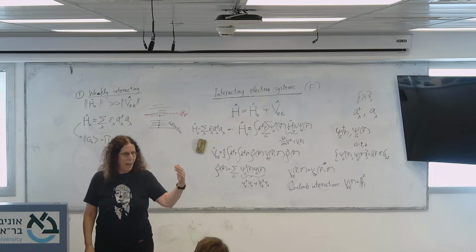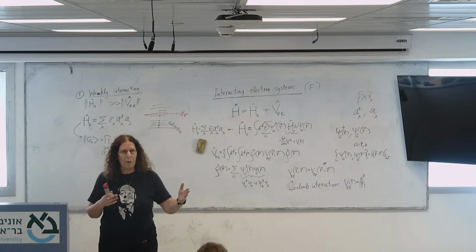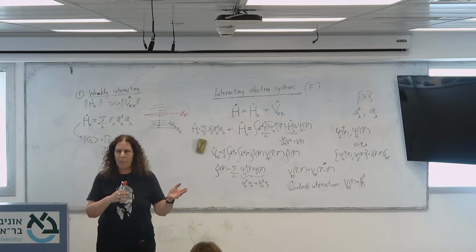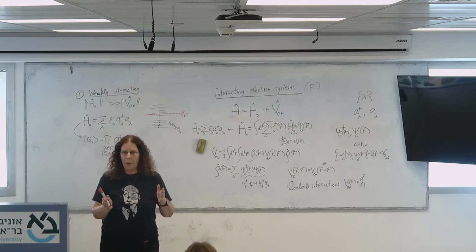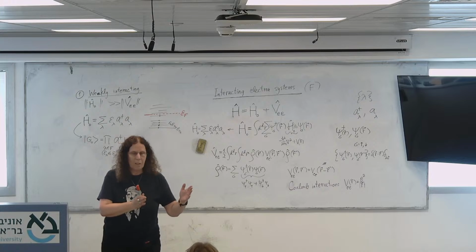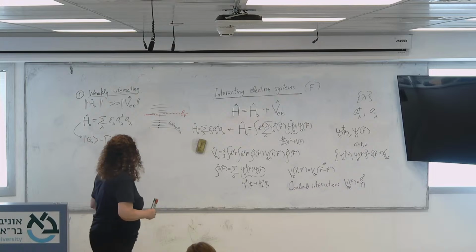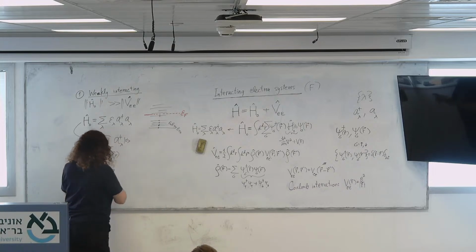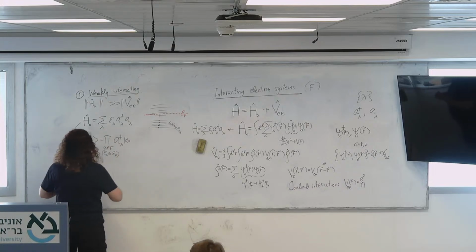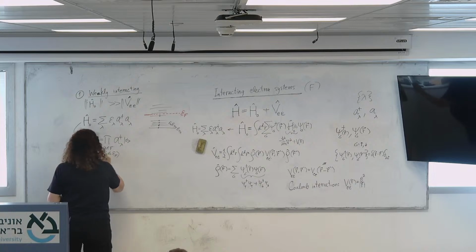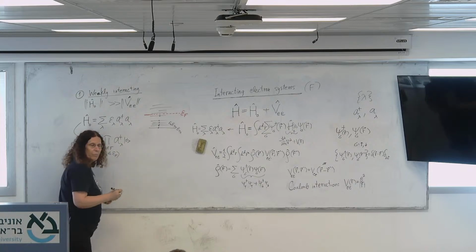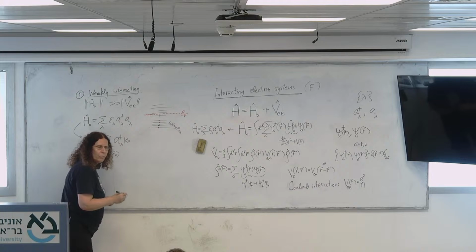You know that in large numbers, it doesn't matter if you are in a canonical or grand canonical ensemble. E Fermi and the number of particles are related to each other. Okay? But that's a definition of a ground state. I don't understand the question.